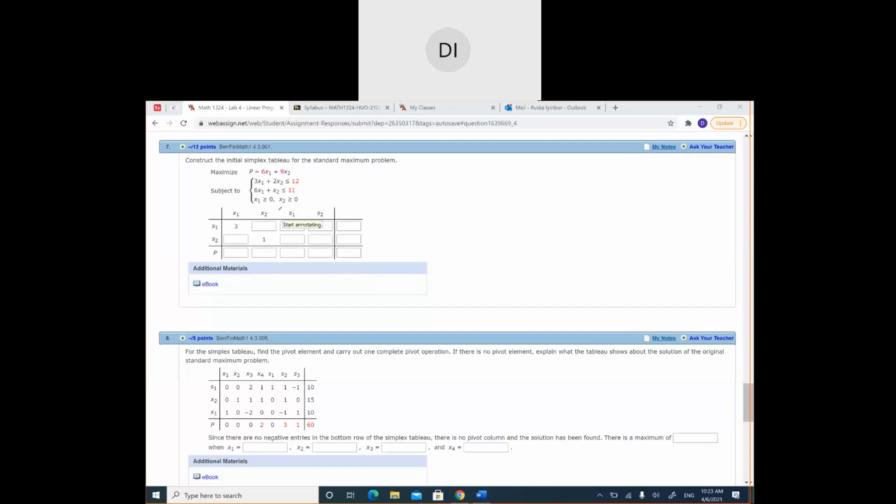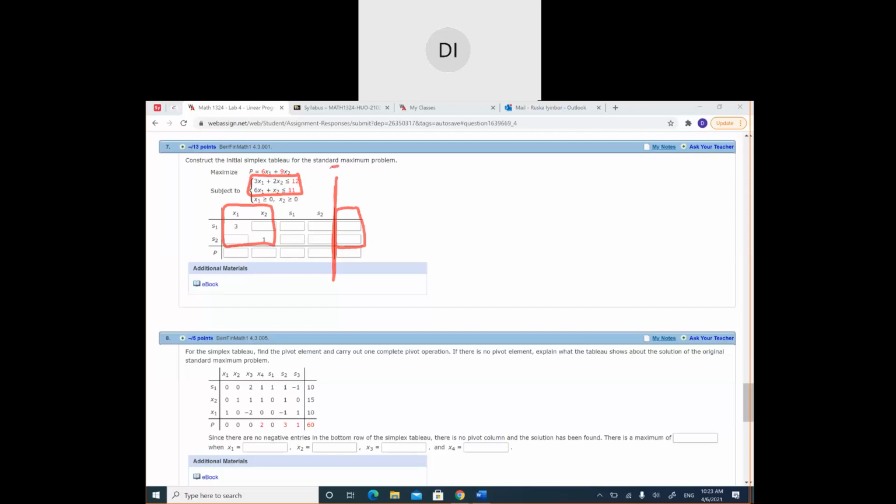So here, from the given system, you're going to put it here. You're going to get only the coefficients, and over here you're going to put your numbers. See this line? Remember from systems of equations, this is going to be the equal sign.